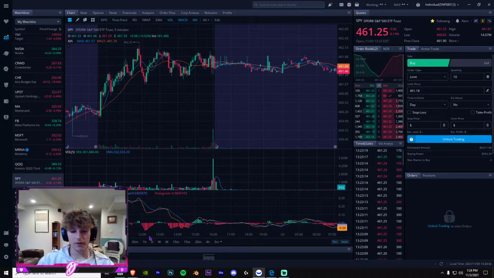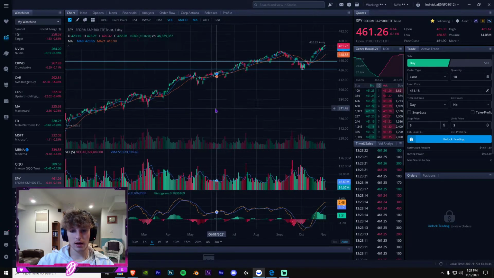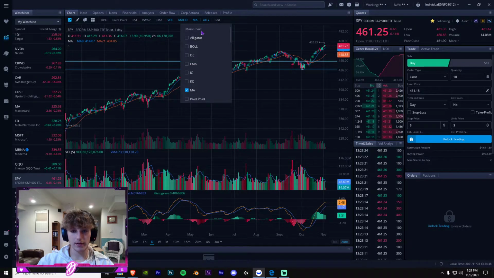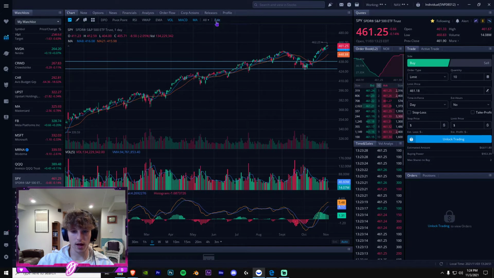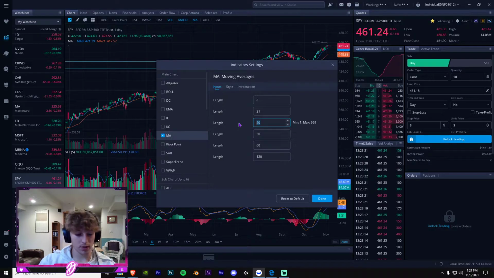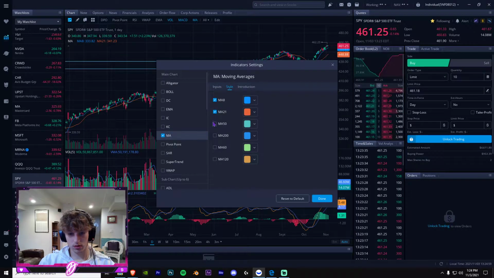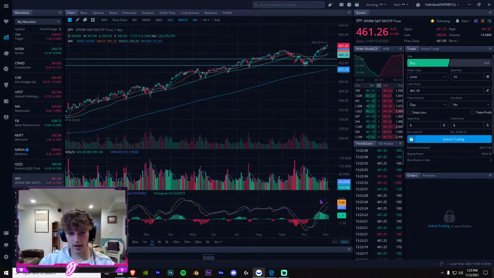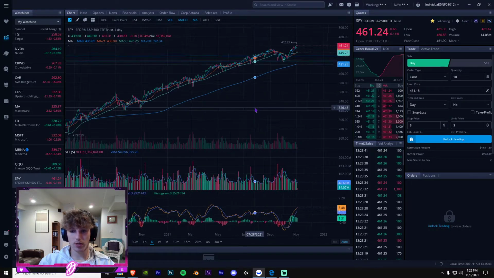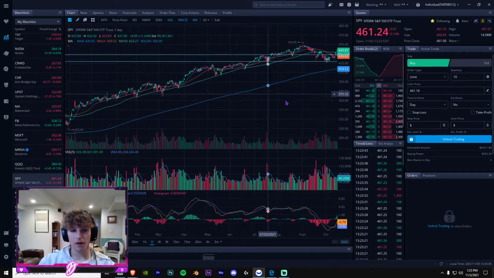And if you guys are swing trading, I like to have the 50 and 200 day moving average in my chart. You probably hear about those a lot. So if we go and put the 50 and 200. All right, usually the 200 moving day average is often used as support.